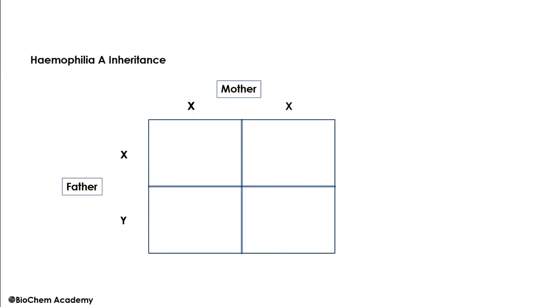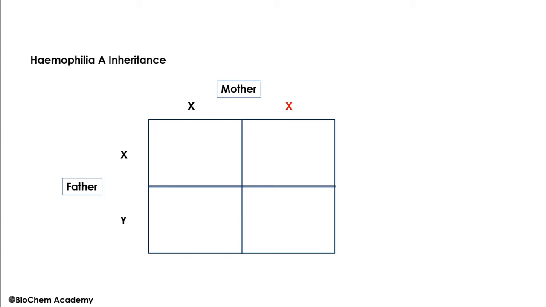Now I will demonstrate how they can be carriers and pass it on to their children with this Punnett square. So as we know, we have two copies of each gene, one comes from the father and one from the mother. Now in the case the mother is a carrier for hemophilia A, which is demonstrated by this red X that you can see.